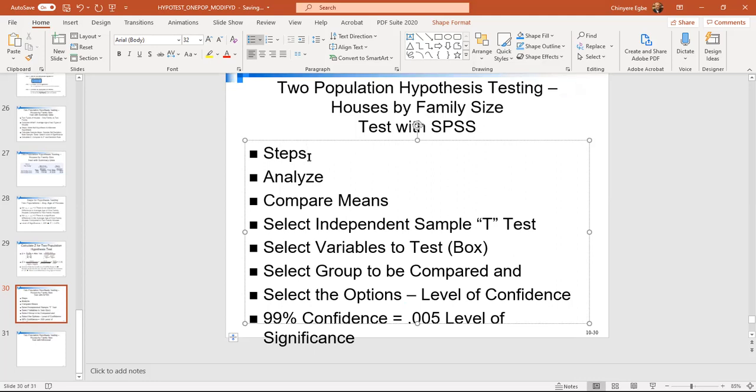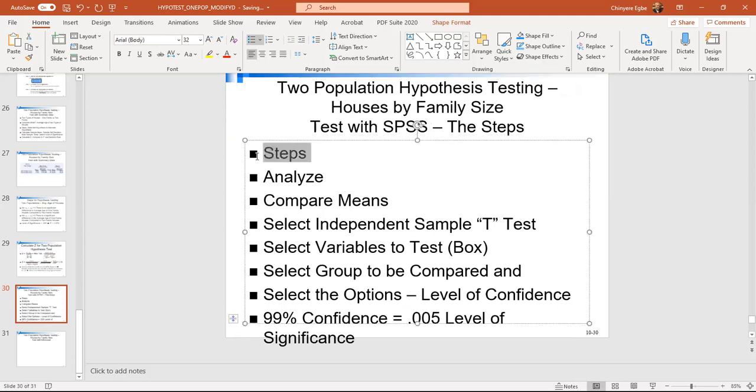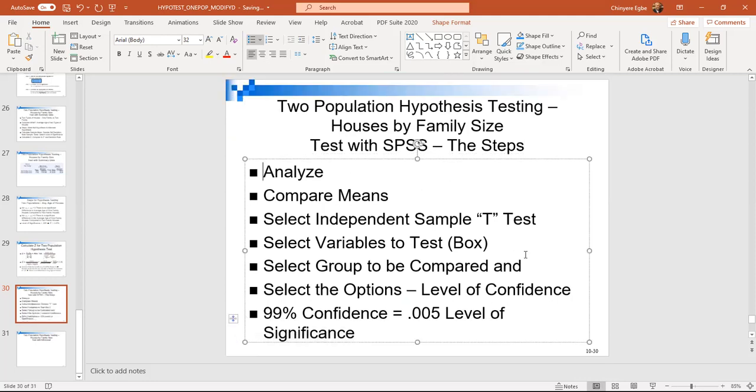So these are the steps, so that when you try to practice this on your own, you can use these steps.